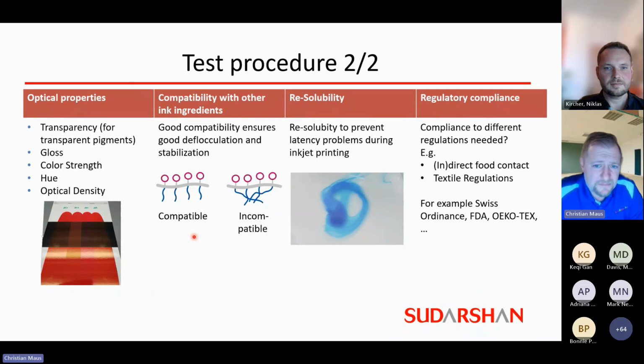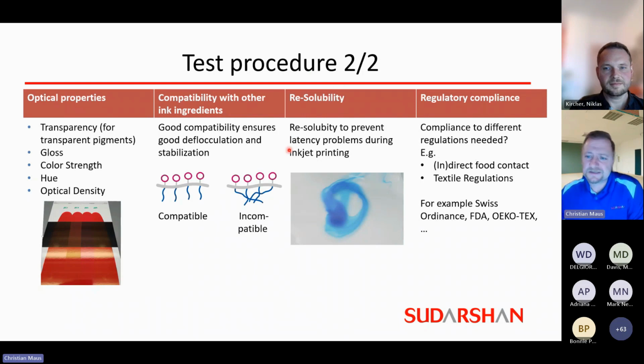The ink itself must have a good resolubility to prevent latency problems during inkjet printing, so that if the printer is stopping for a certain period of time and it starts again, it might happen, if the ink hasn't a good resolubility, that you will have some misfiring droplets at the beginning of the jetting procedure. Hence, the complete system has to have a good resolubility.